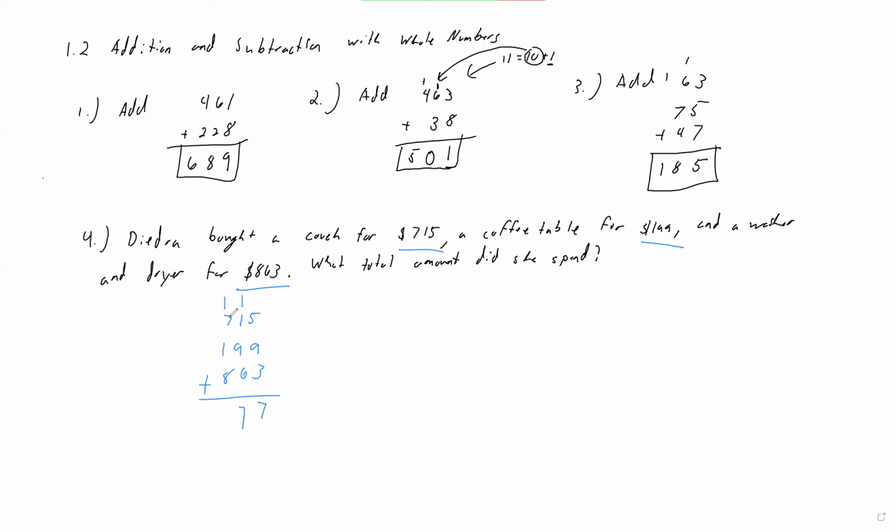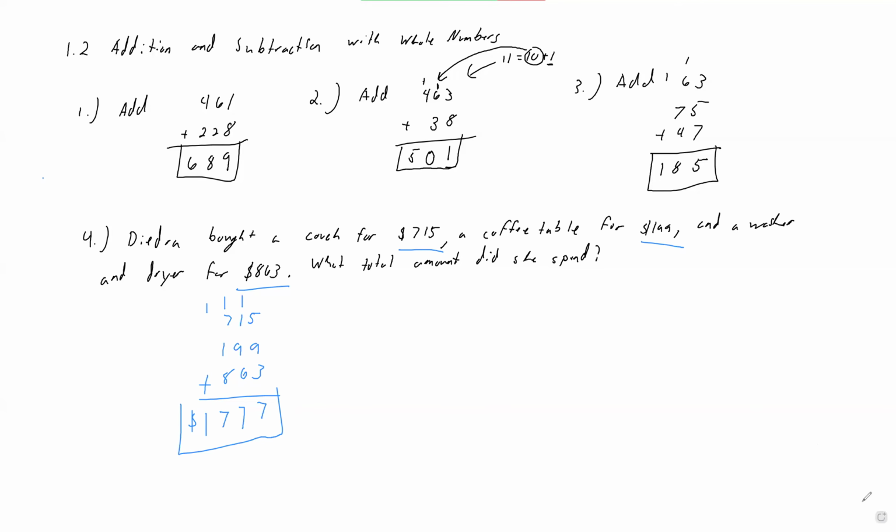Then I go 1 plus 7 is 8. 8 plus 1 is 9. 9 plus 8 is 17. So the 7 falls down and I carry over the 1, but then there's nothing for it to add. So I get $1,777. That's my grand total. Right? So not so bad.